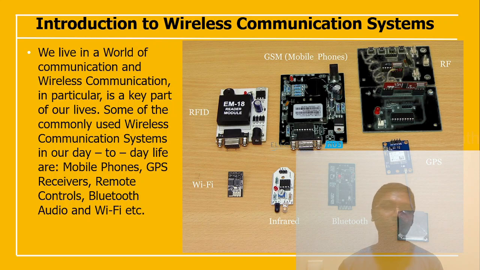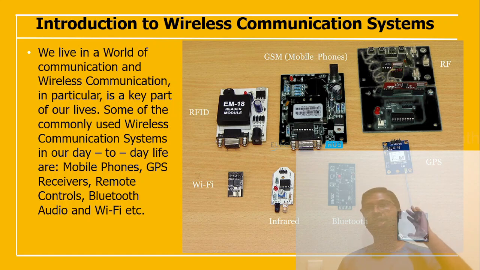Some of the most commonly used wireless communication systems in our day-to-day life are mobile phones, smartphones, GPS (global positioning system) receivers, and remote controls, not only for TV but for anything and everything, and Bluetooth audio. You connect even the mobile through a Bluetooth audio device.